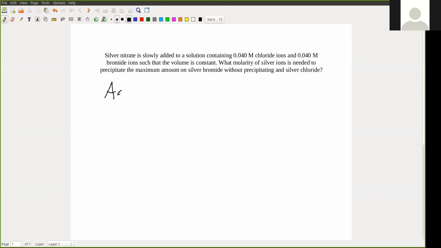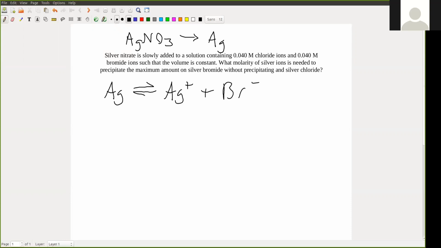Silver bromide is in equilibrium in solution with Ag+ and Br-. And again, our AgNO3, once it's in solution, will completely dissolve into Ag+ and NO3-, so we don't have to worry about our NO3-.